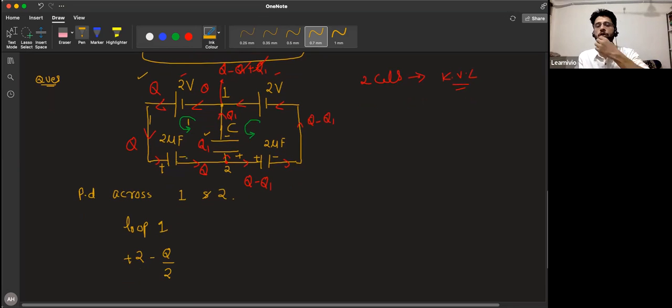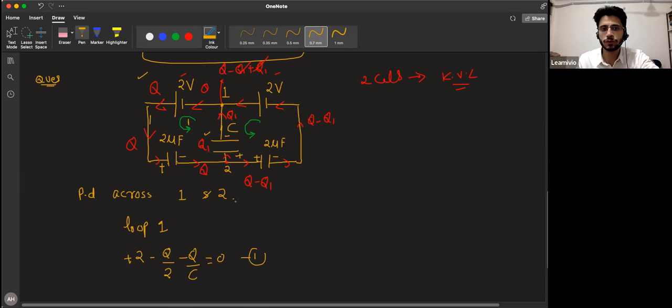Going upwards, the first is positive, another negative, the capacitance is C. Positive to negative is a fall, so it will be minus Q1 by C. All these voltage drops are equal to 0.